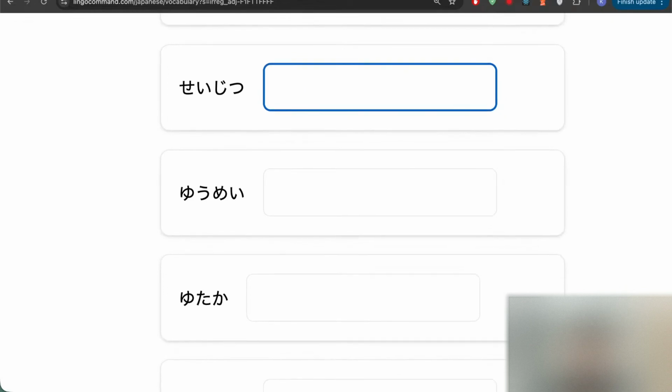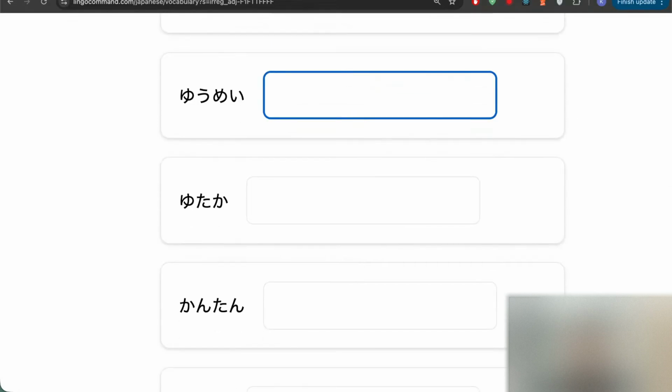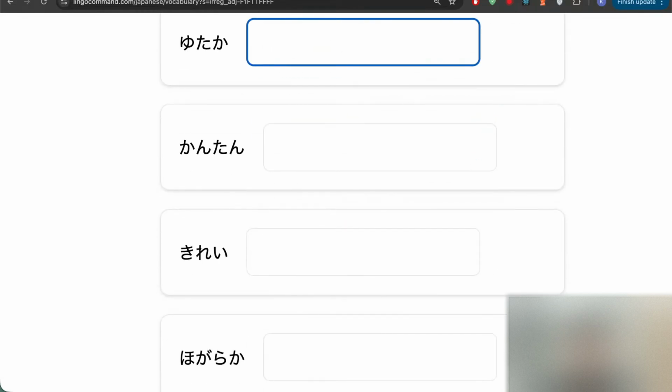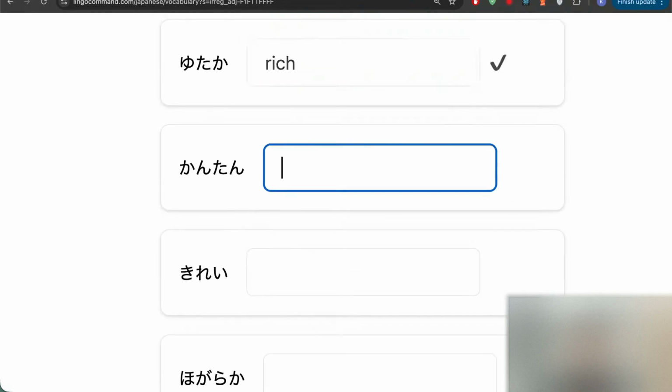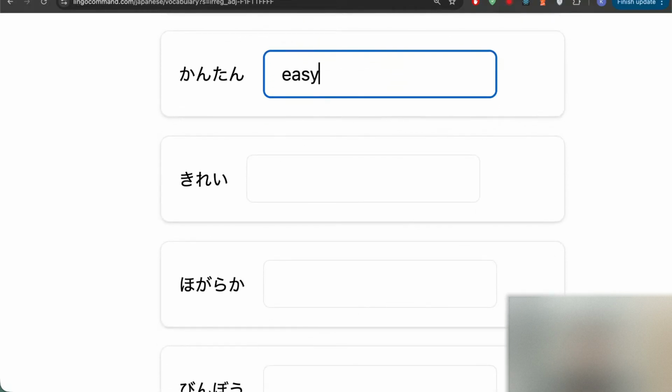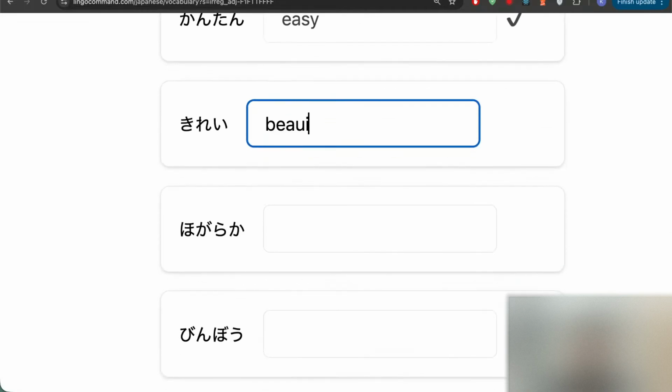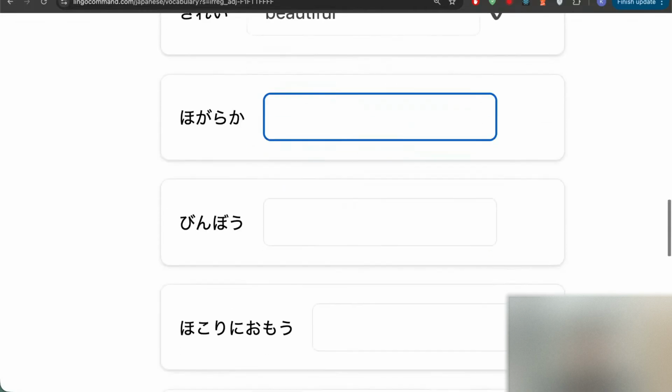Seijutsu is honest. Yume is famous. Yutaka is rich. Kantan is easy. Kire is beautiful. Hogaraka is cheerful.